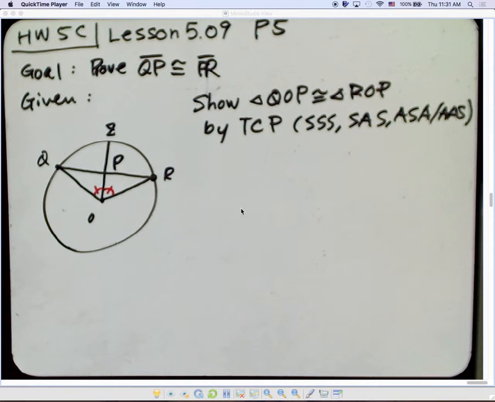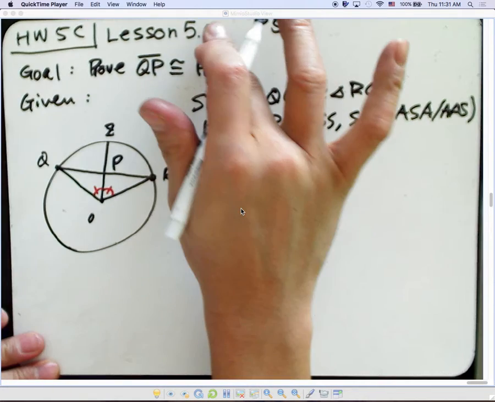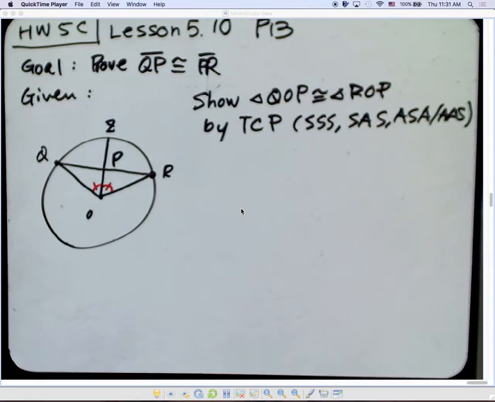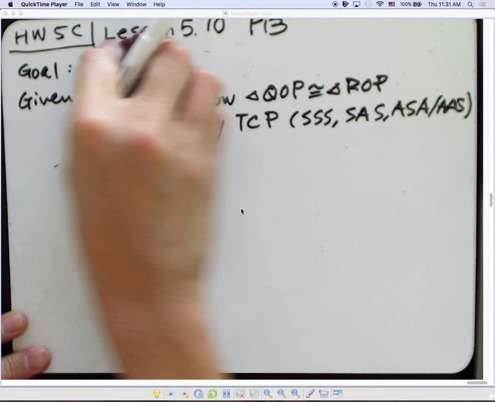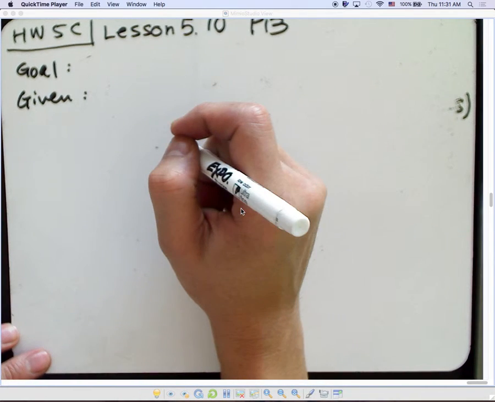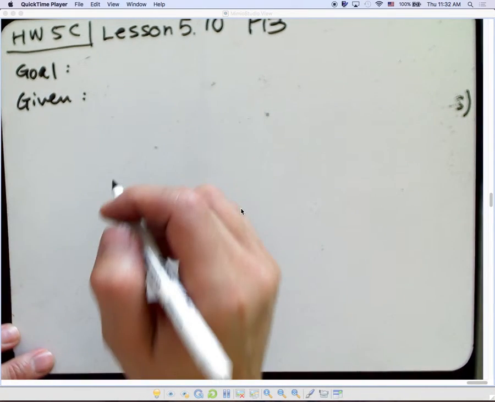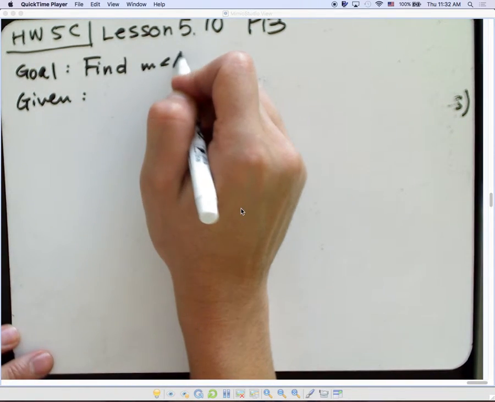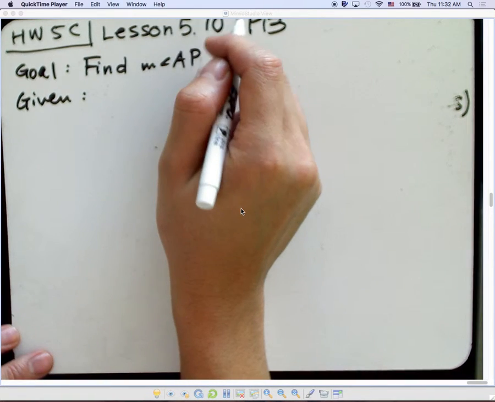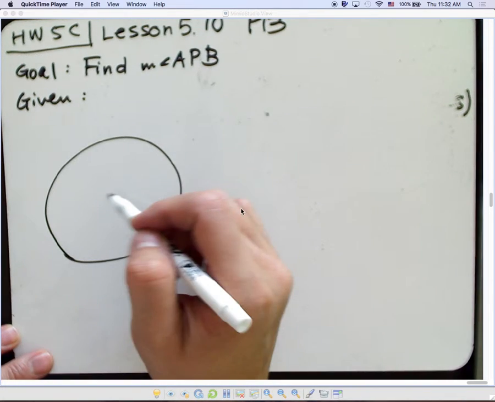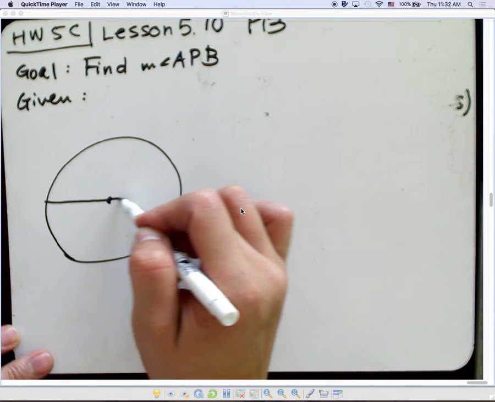Let's go to lesson 5.10, which is on the 4th page of the packet, and work on problem number 13. It says given the measure of arc AB is 30 degrees and the measure of arc CD is 60 degrees. Our goal is to find the measure of angle APB. You have a diameter AD because it hits the center of the circle.